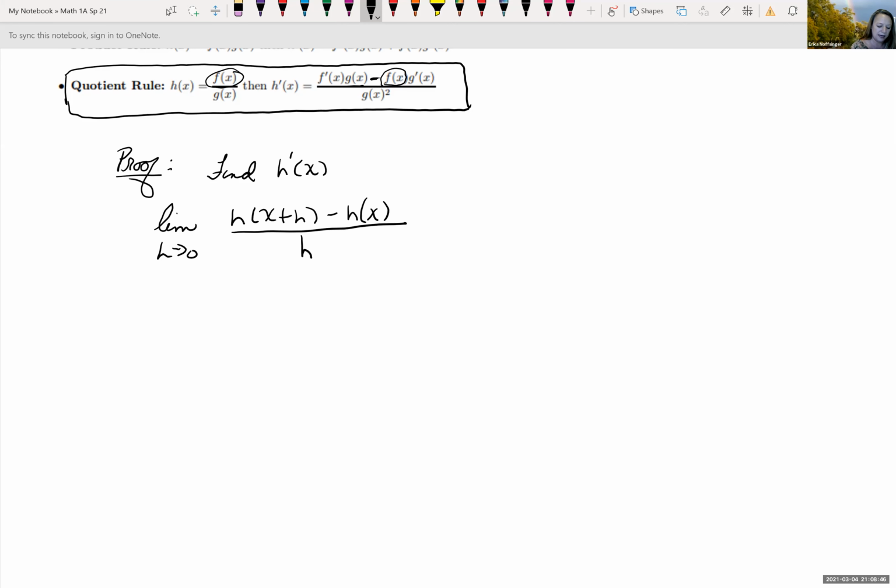Now when we go back and plug in, looking at h of x plus h, we go back into our functions f of x and g of x and plug in x plus h wherever we see an x.